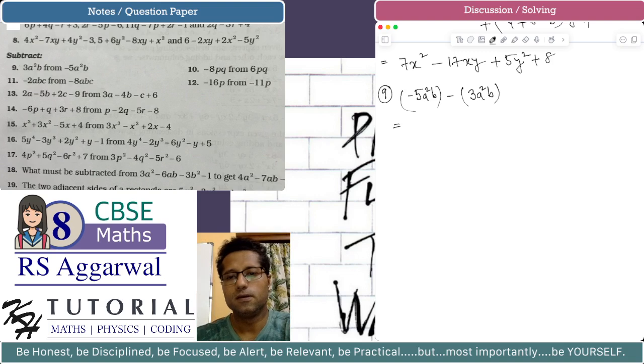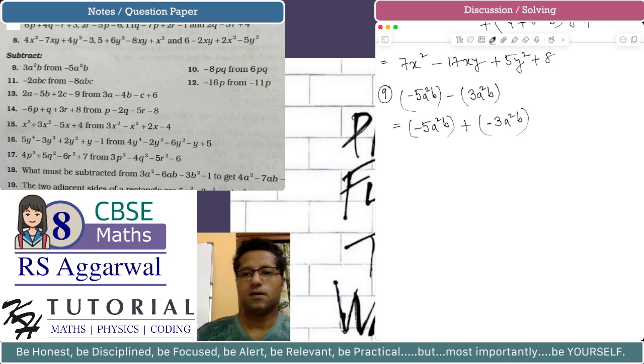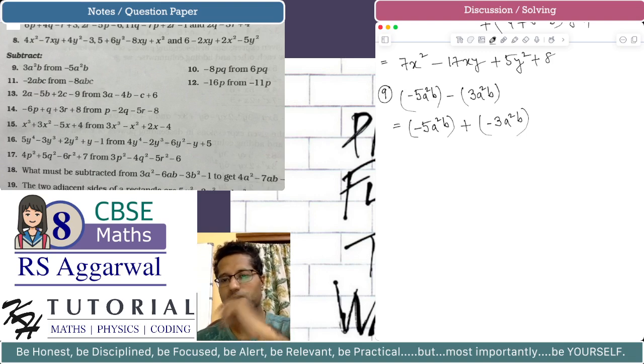So this will be minus 5a square b plus the additive inverse of 3a square b, that is minus 3a square b, applying the concept that a minus b is equal to a plus additive inverse of b.